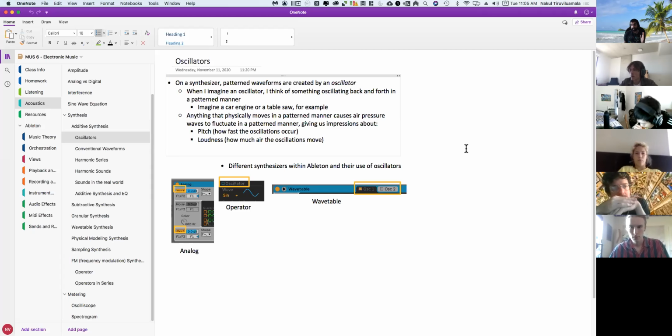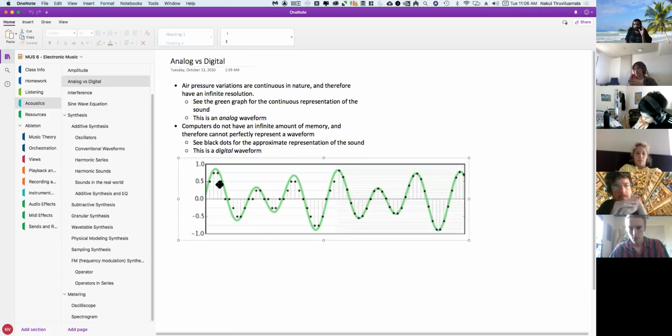There are many different designs for oscillators in the analog world, meaning a physical device that produces sound is an analog device, whereas in the digital domain, we're not physically creating these airflow disruptions using physical mediums like a car engine or a blender.